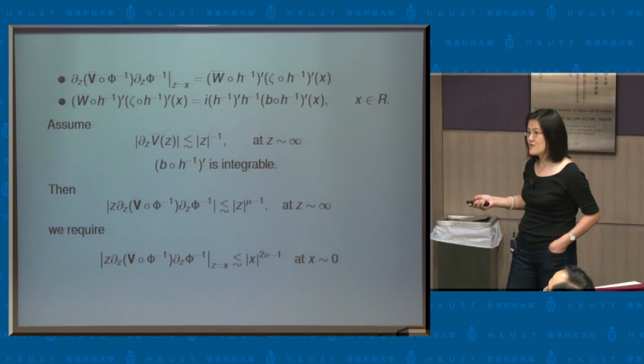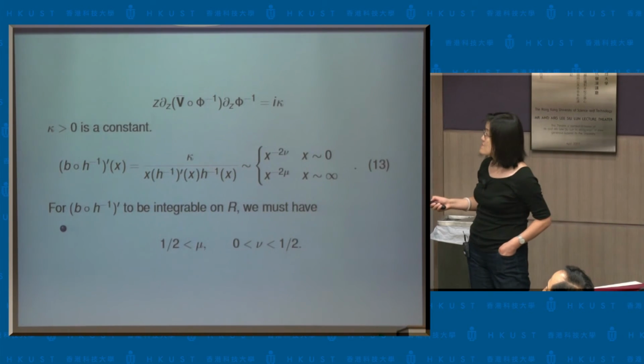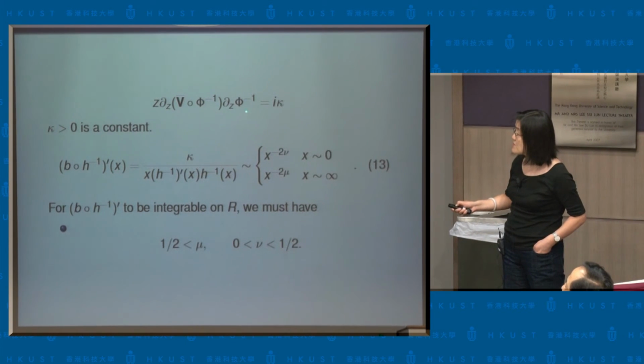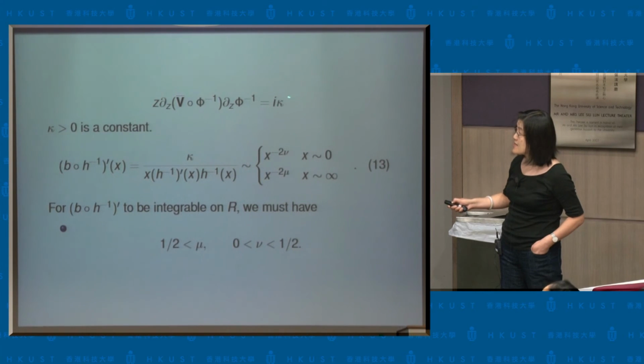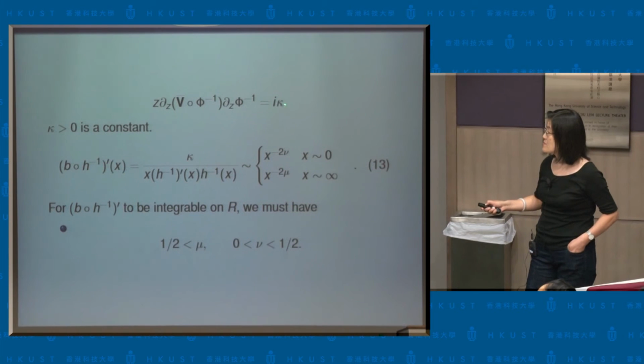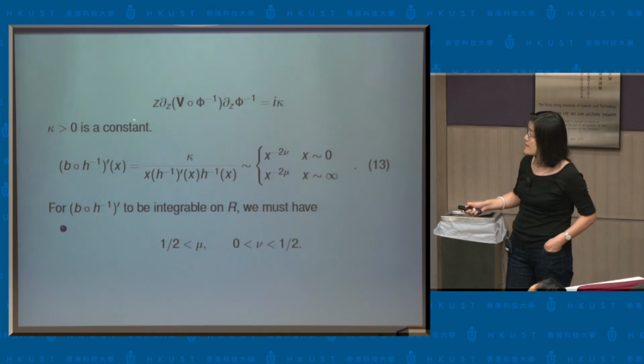In a real situation, velocity never does that, right? So getting rid of this, we don't have many choices. We find that the product of this holomorphic function by multiplying z has to be a constant times i, the square root of minus 1, ik. Okay, and kappa has to be positive.